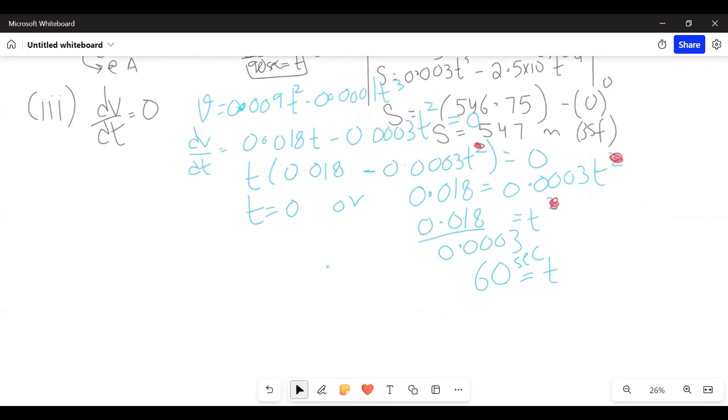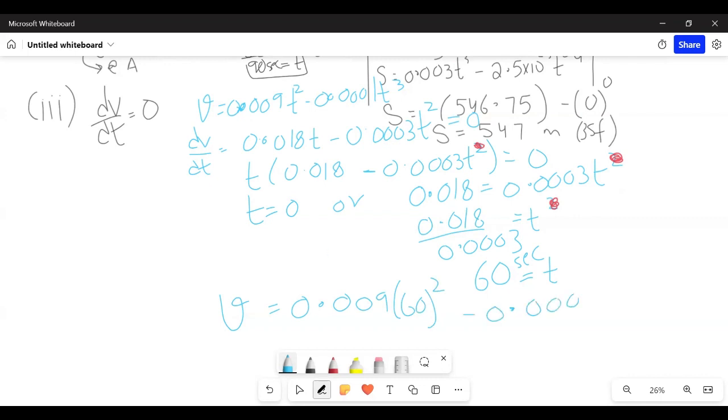So in the equation of v, replace t with 60. So v is equal to 0.009 times 60 square minus 0.0001 times 60 cube, which gives 10.8 meters per second.